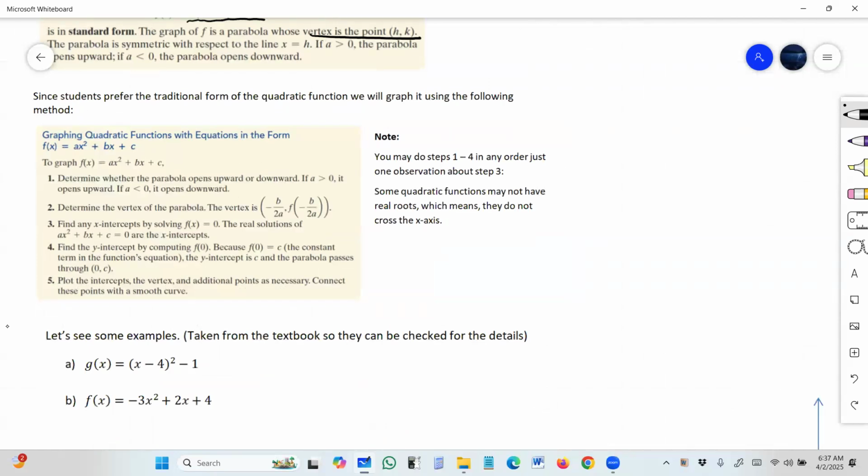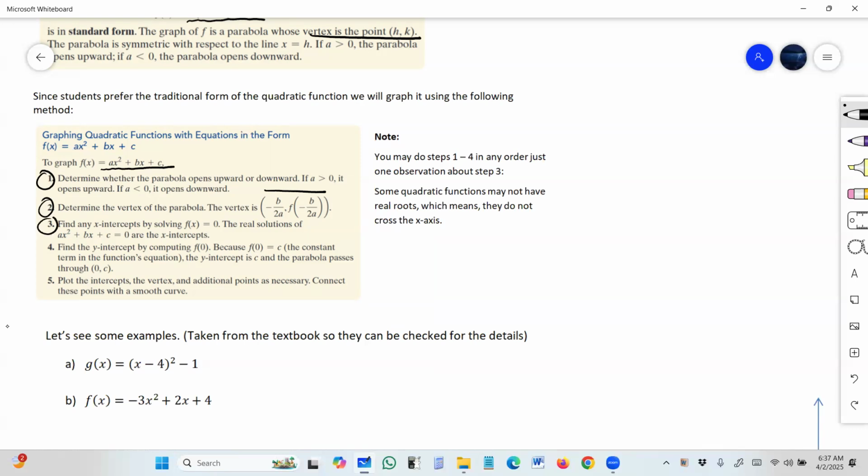So for the traditional form of the function, we may have to make sure that the function is in the ax squared plus bx plus c format. If it isn't, we'll put it in that format. Then we'll determine if the parabola opens up or down. We'll find its vertex that has this formula. I'll review the formula.